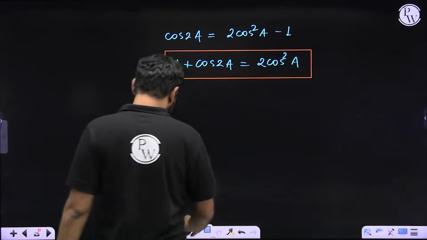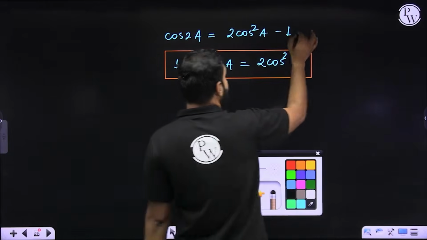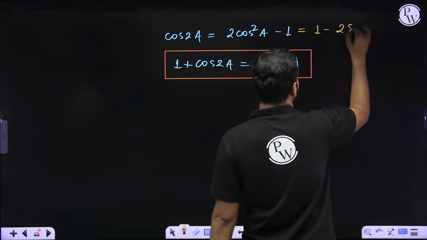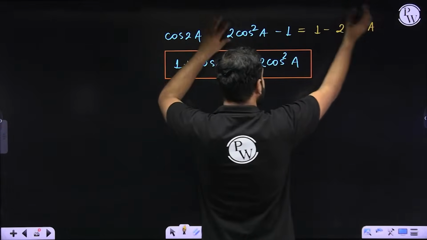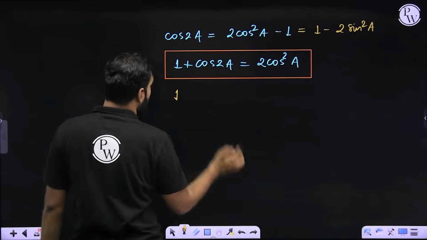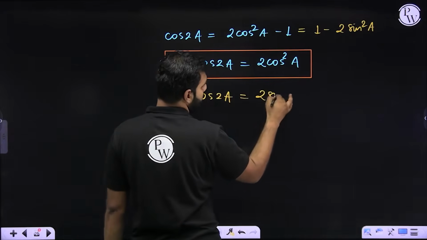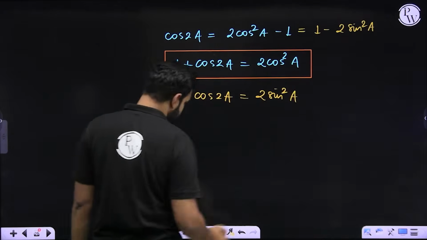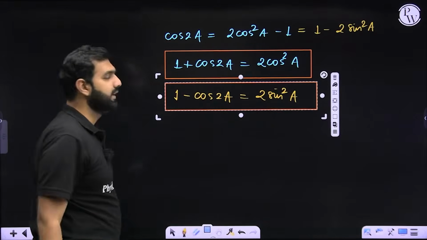Not just that, remember this also as a result which you can draw from this identity only, which is basically 1 minus 2 sine square a, which is cos 2a. If I take cos 2a here and 2 sine square a there, you will see one more identity getting created: 1 minus cos 2a, which can be written as 2 sine square a. Please don't forget it. This is again a result which is very highly asked by IIT JEE.